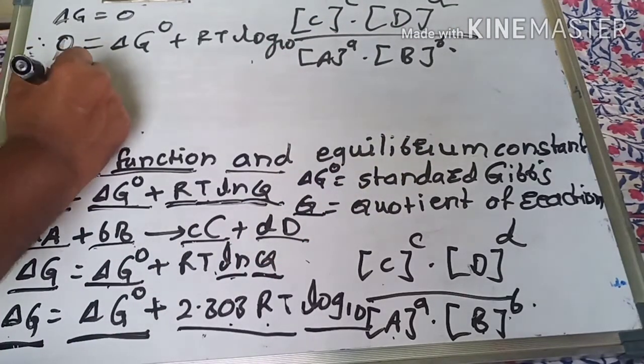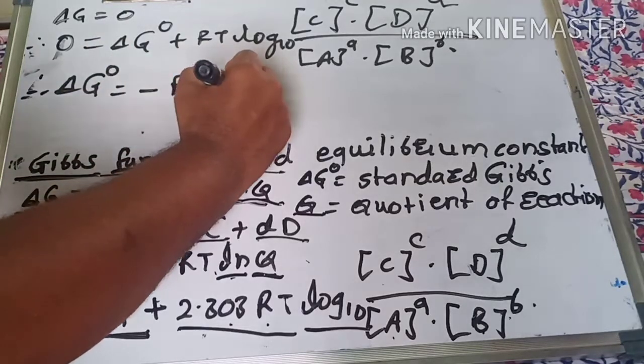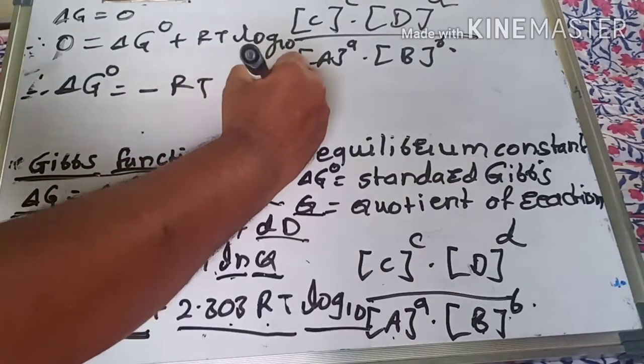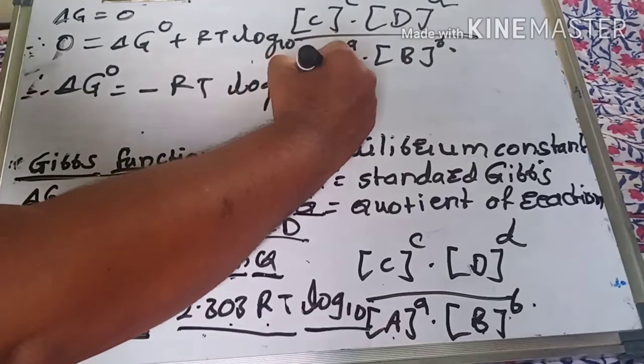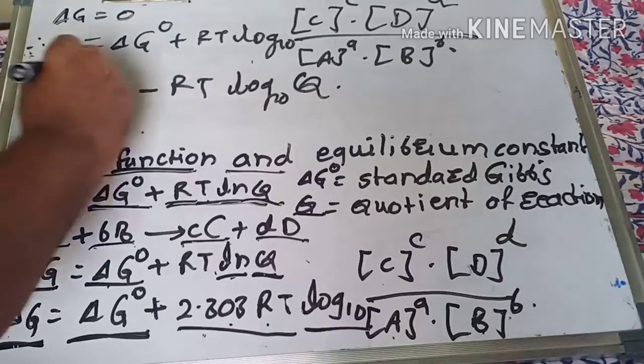Therefore, delta G0 is equal to minus 2.303 RT log to the base 10 of Q. So you remember this equation.